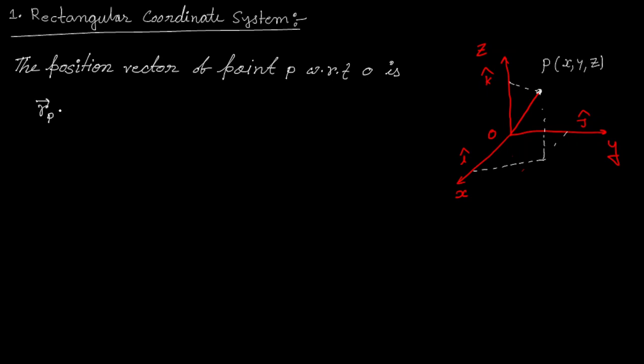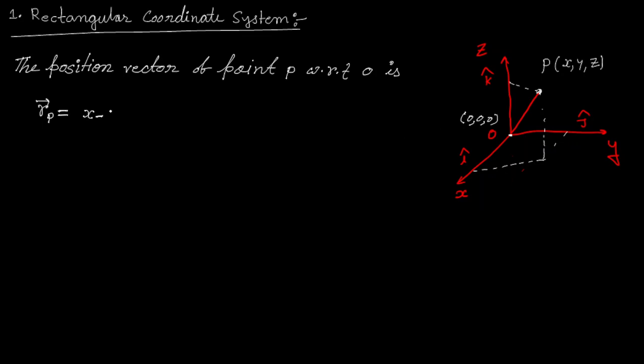r_P vector is equal to, how can we define the position vector of any point with respect to the origin? First we write the x coordinate of the point P, which is x, then a minus sign, and then the x coordinate of the origin. The origin has coordinates 0, 0, 0, so the x, y, and z coordinates are all 0.